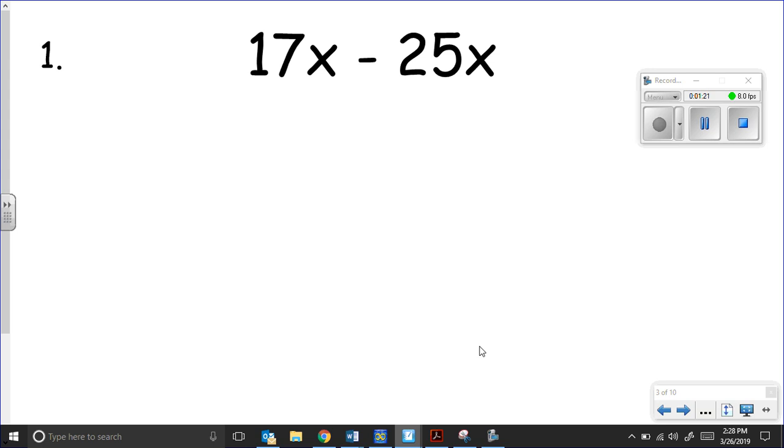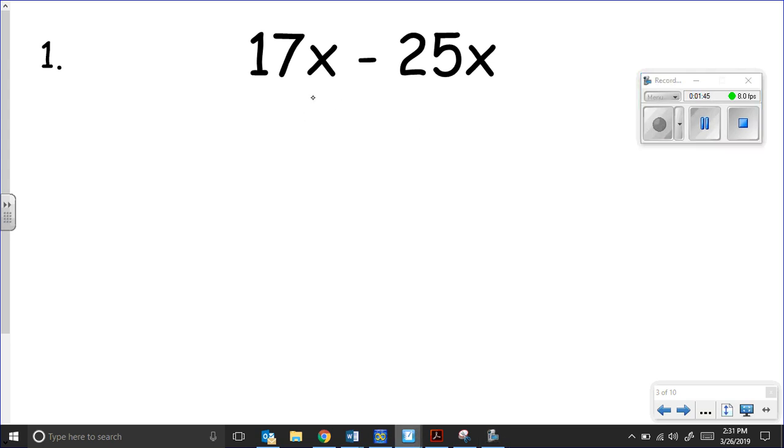So we're going to go through a couple of these examples. Here we have 17x minus 25x. We can see that these all have the same variable, and the variable has the same exponent, which is 1. Even though it's not written there, we have to understand that to be 1.